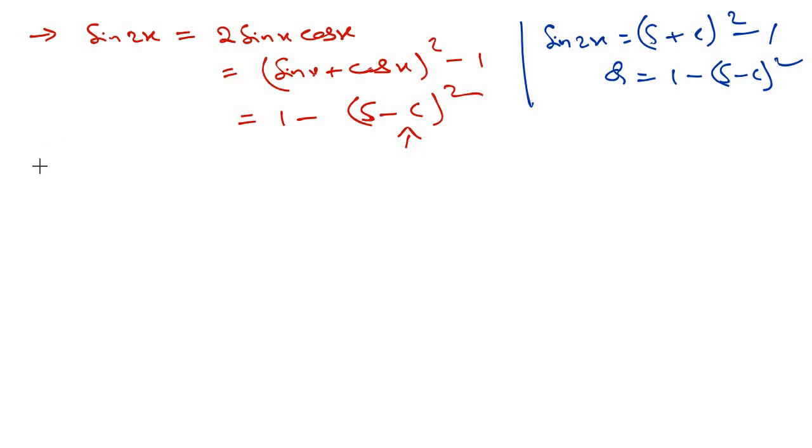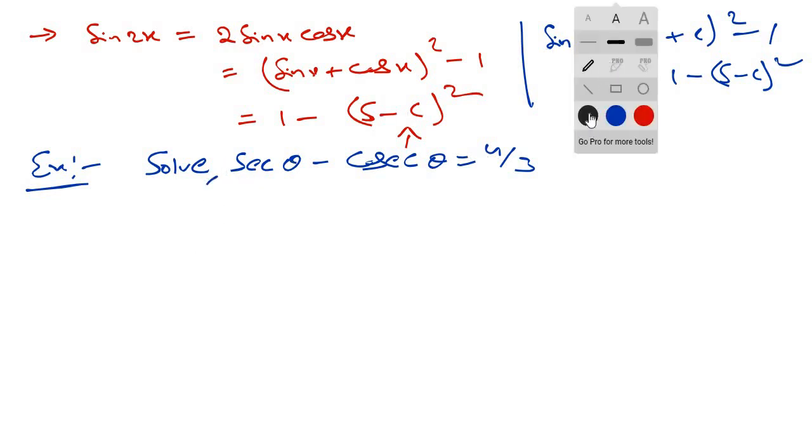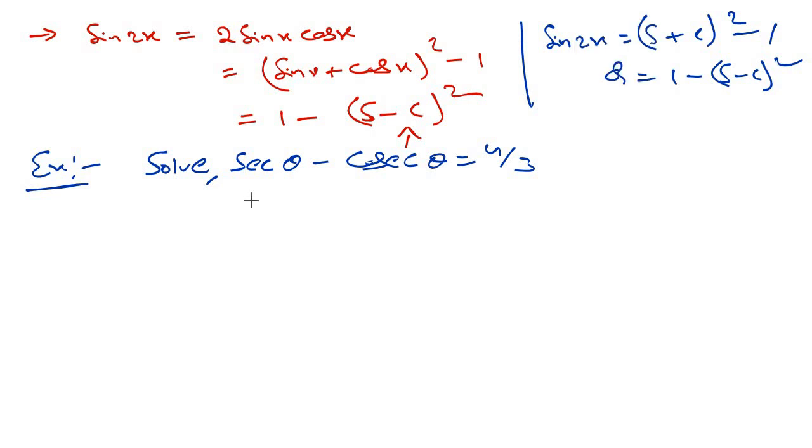Let us take one example problem. Solve secant theta minus cosecant theta equals 4 divided by 3. So we can write this as 1 by cos theta minus 1 by sin theta equals 4 divided by 3.